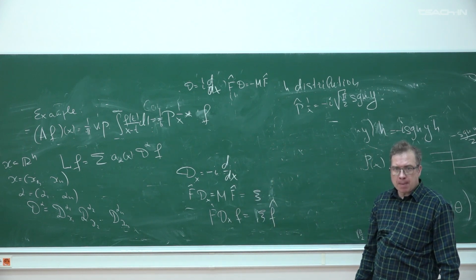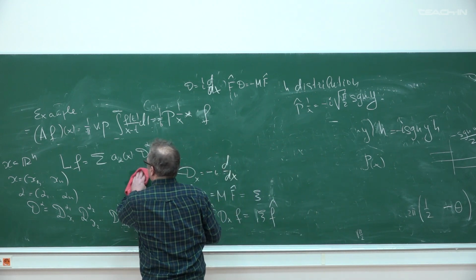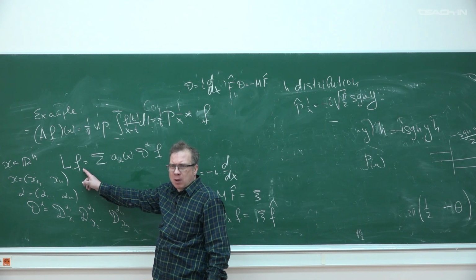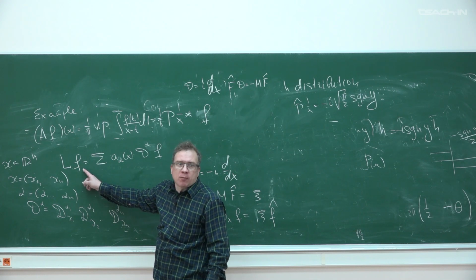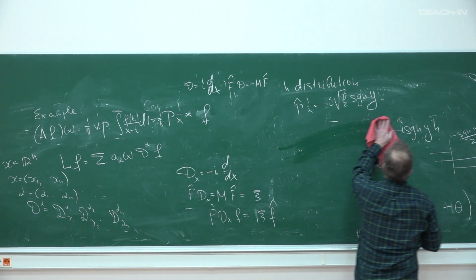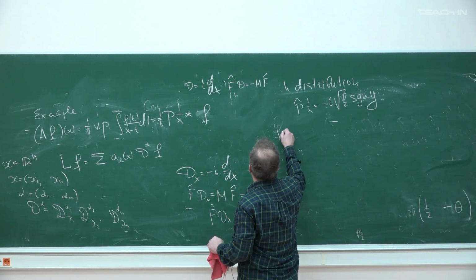One variable. And let's consider this operator on, for example, a function f from S. Imagine that function f is from S, from the good space.